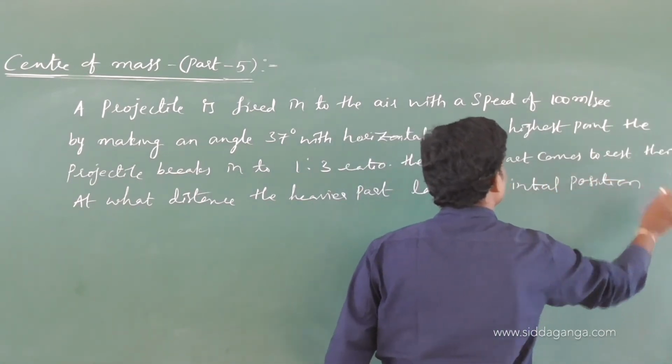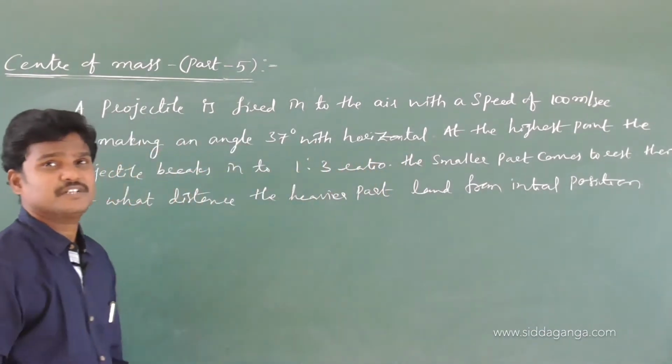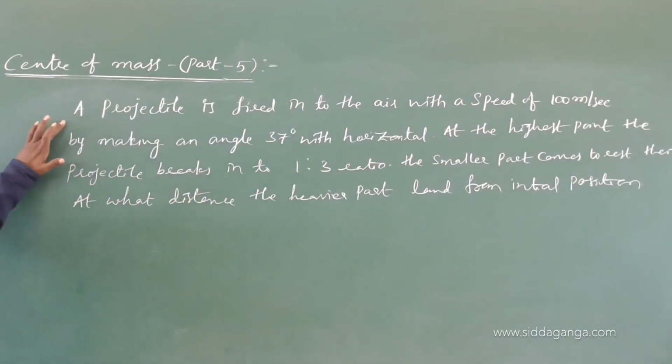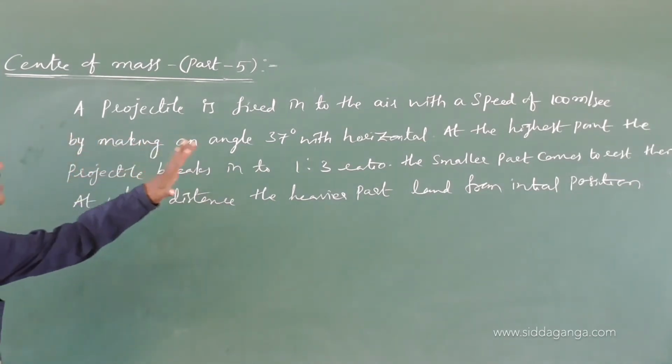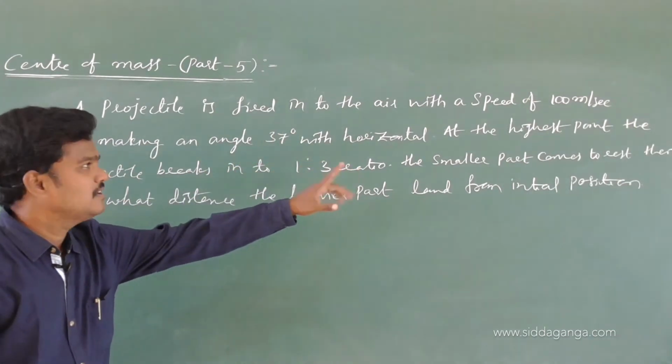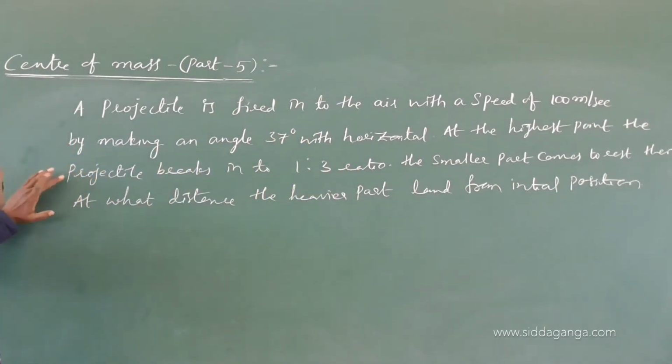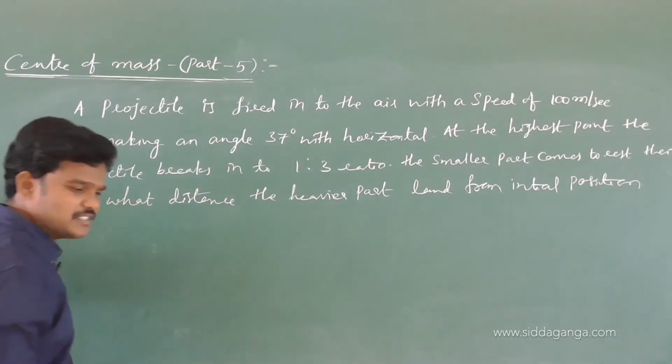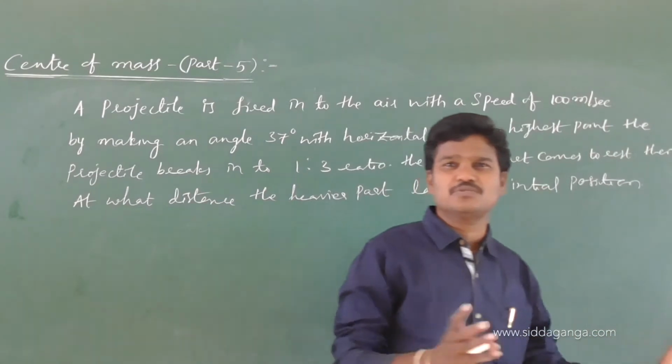So, this is a somewhat good question. Take this question first. A projectile is fired into the air with a speed of 100 meters per second at an angle of 37 degrees with the horizontal. At the highest point, the projectile breaks into a 1:3 ratio.